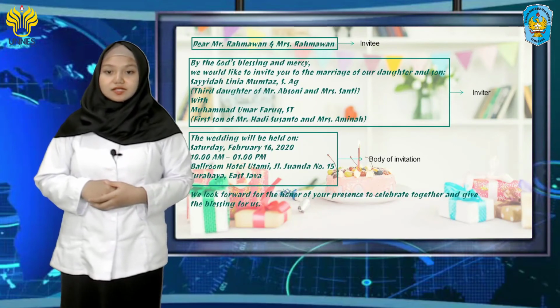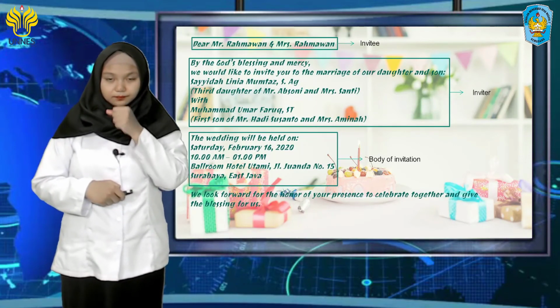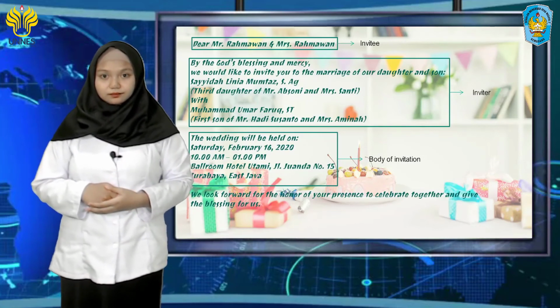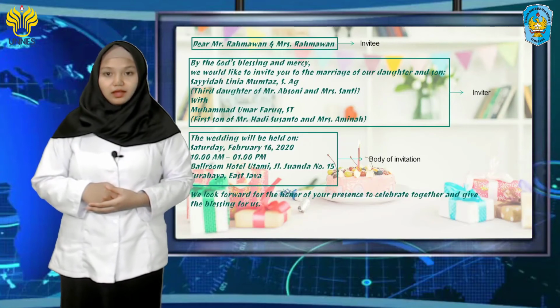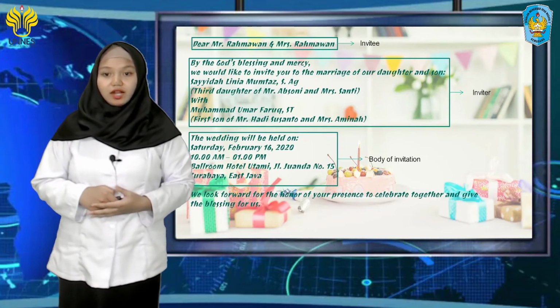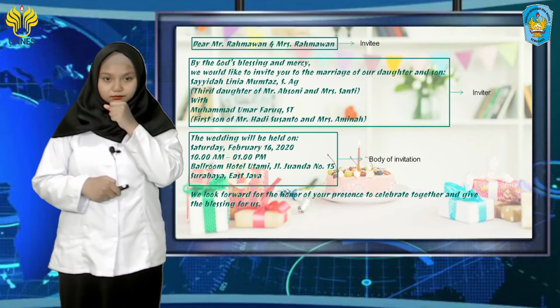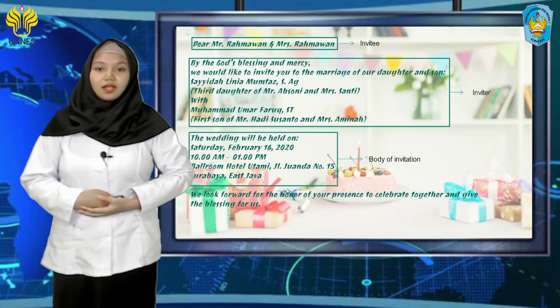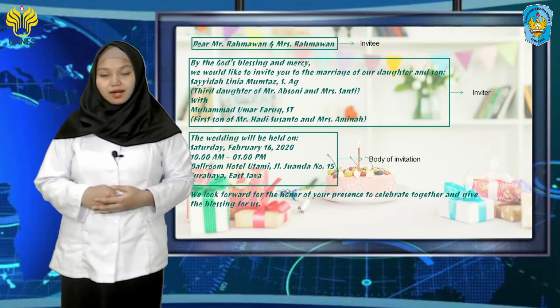Now here is the structure. Yeah, there is an invitation here. Yeah, you could observe it first. And then there are invitee, inviter, body of invitation. Yeah, for the invitee, dear Mr. Rahman and Mrs. Rahmawan, yeah.